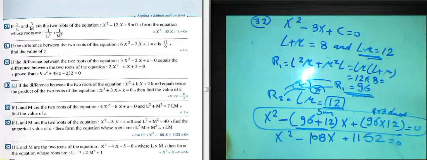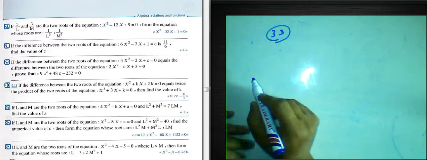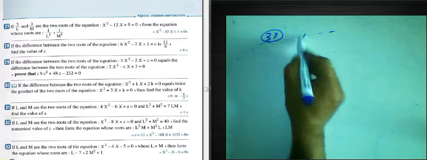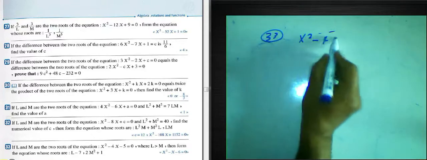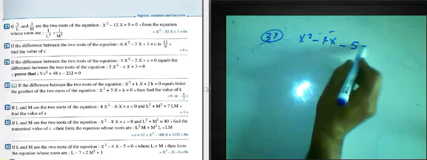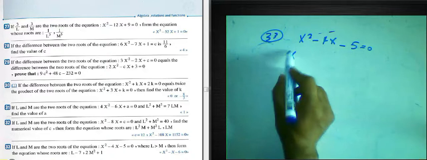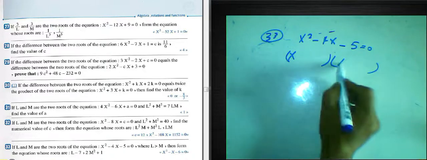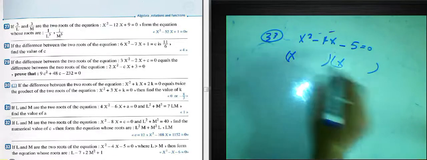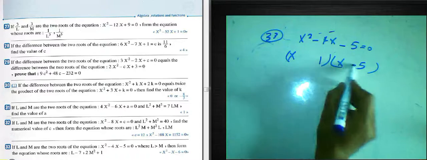تعالوا نشوف question 33 آخر question معانا. If L and M are two roots of the equation x power 2 subtract 4x minus 5 equals 0. We know x multiply x power 2, 5 times 1, right, negative and positive.